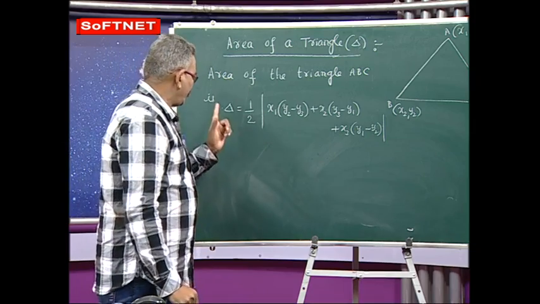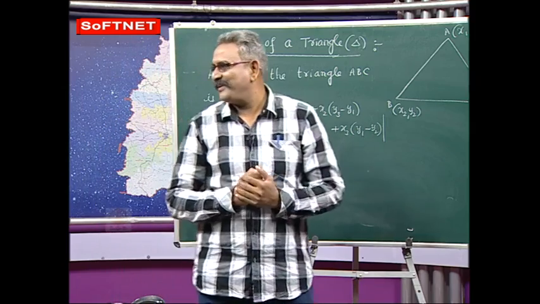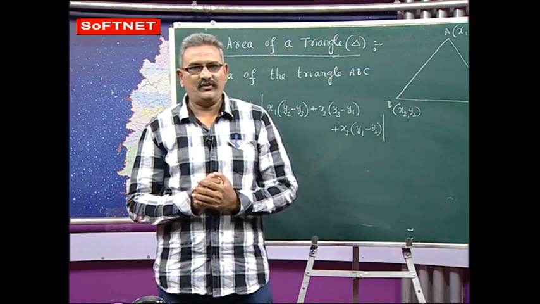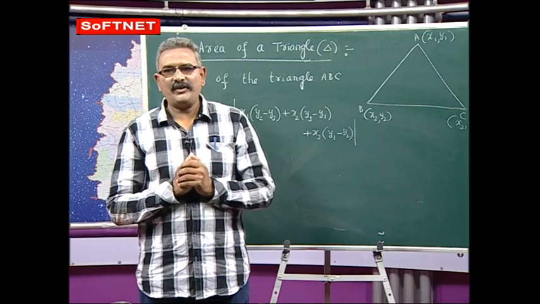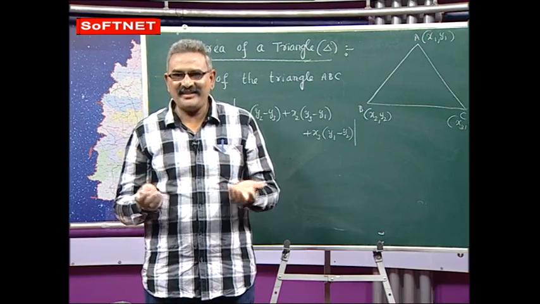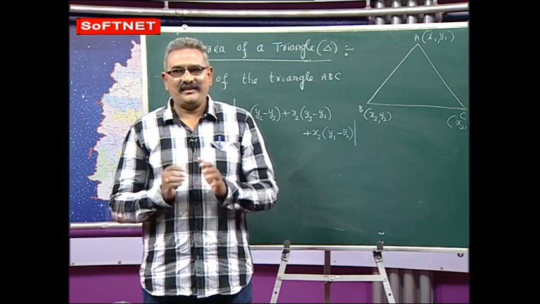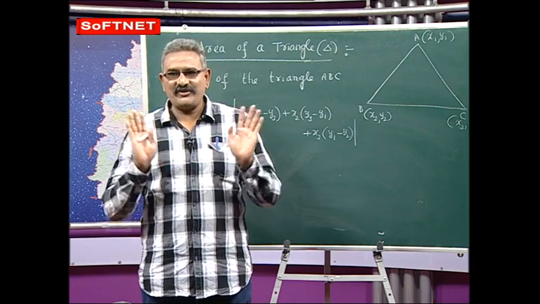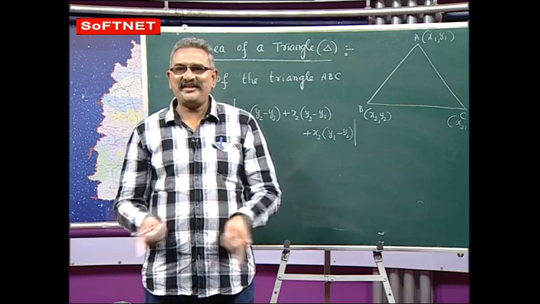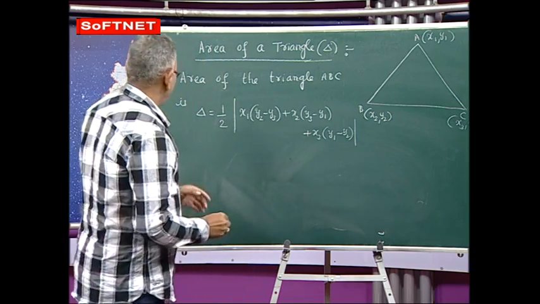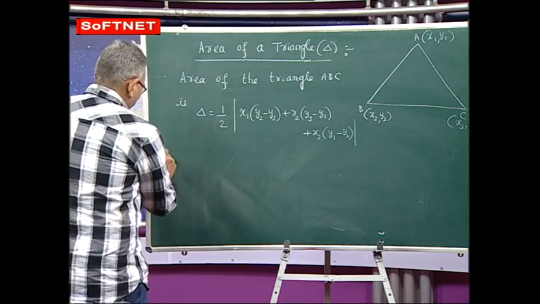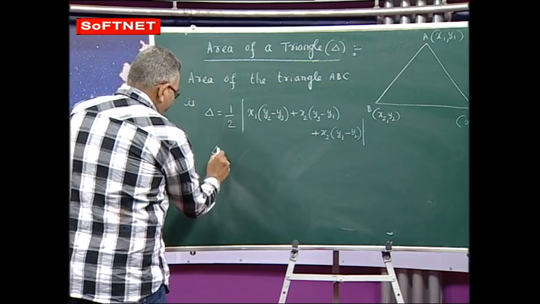Suppose if delta becomes 0, then what do you observe, or what do you infer? If delta is equal to 0, the points will not form a triangle. Then the points are said to be collinear points.